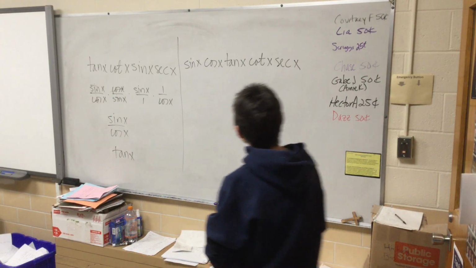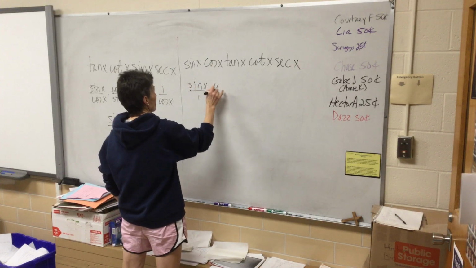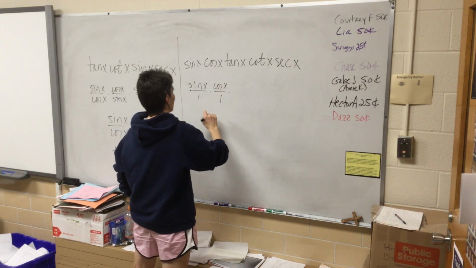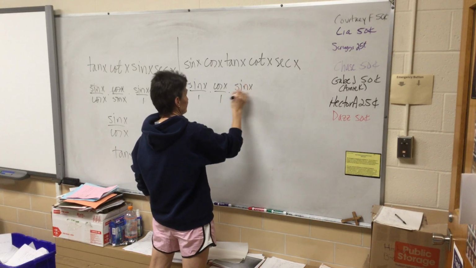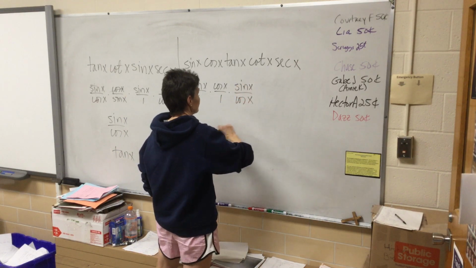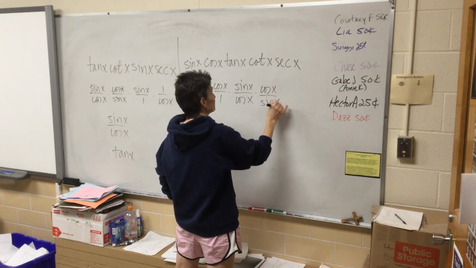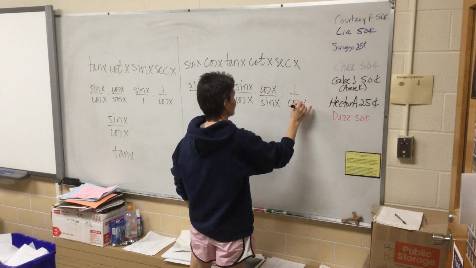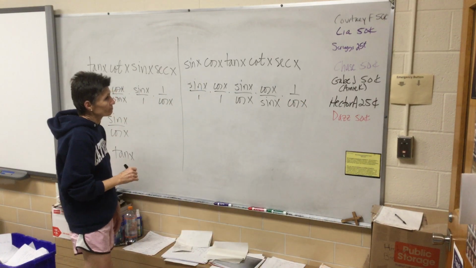Okay, I finished the second one. All right. What'd you come up with? So sine would be sine x over 1. Cosine is cosine x over 1. Tangent is sine x over cosine x. Cotangent is cosine over sine, and then secant is 1 over cosine.